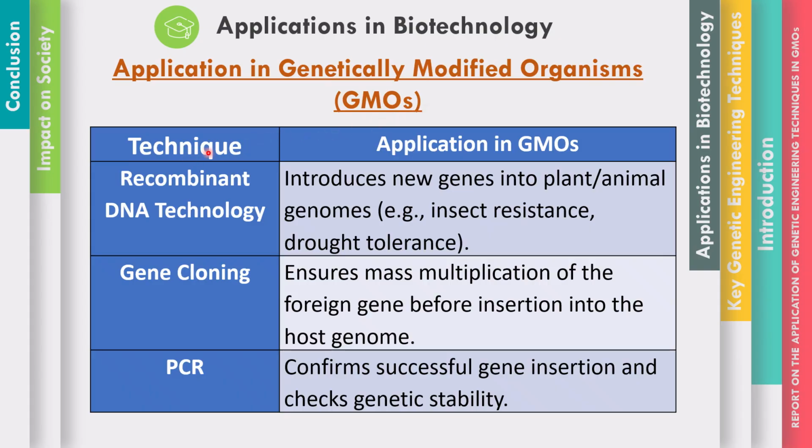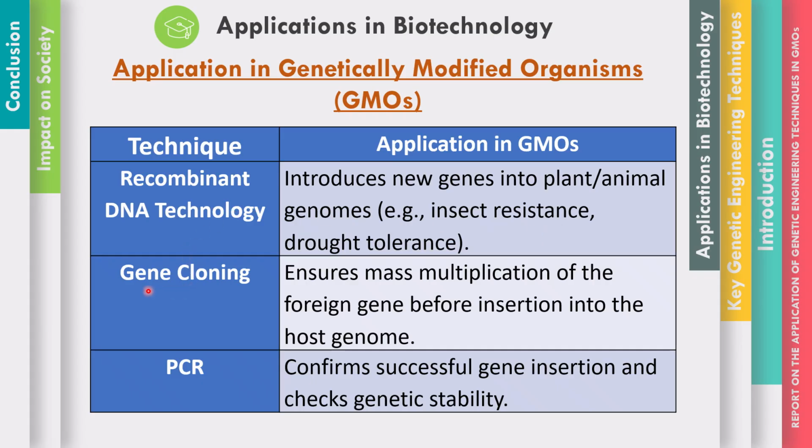We have the techniques and their application in GMOs. The first is recombinant DNA technology. It introduces new genes into plant and animal genomes. For example, insect resistance, drought tolerance, among many others.